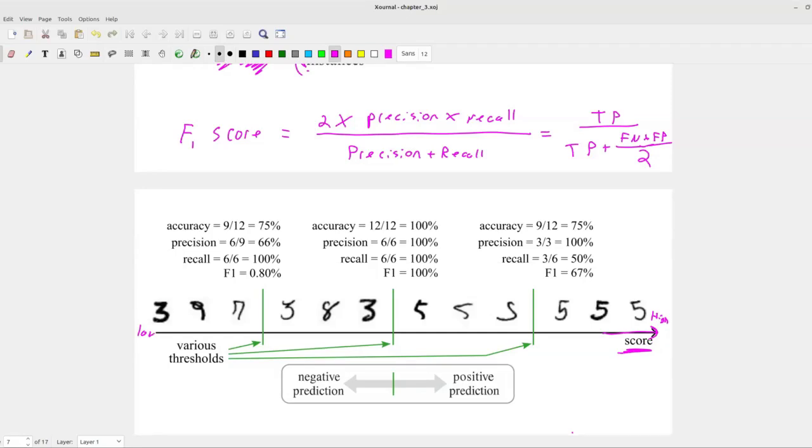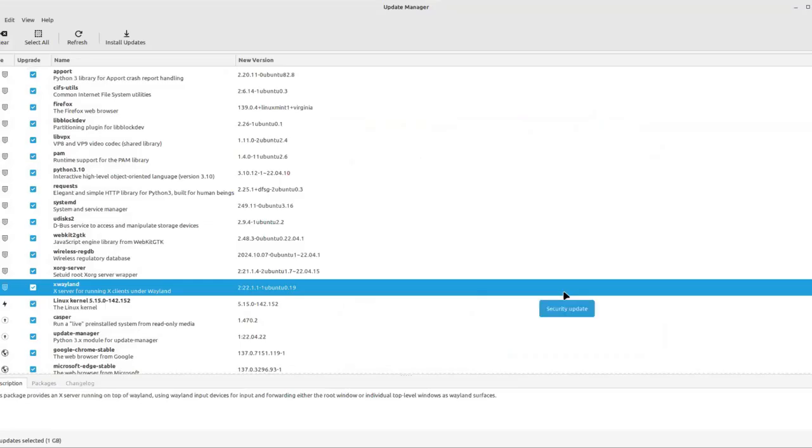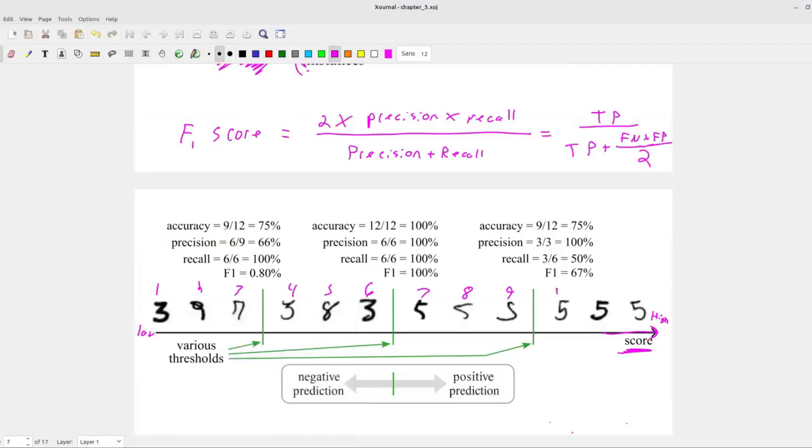Every digit here is going to get a score, right? And so let's just say, for clarity, this has a score of 1, 2, 3, 4, 5, 6, 7, 8, 9, 10, 11, 12. So on all 12 of these, now we can move our threshold where we want, right?